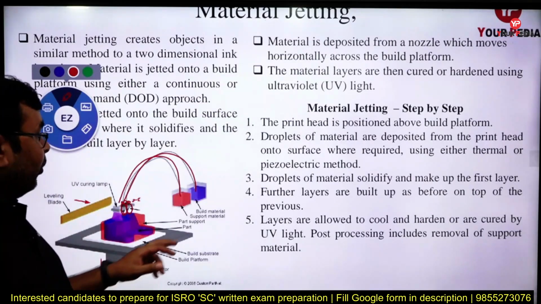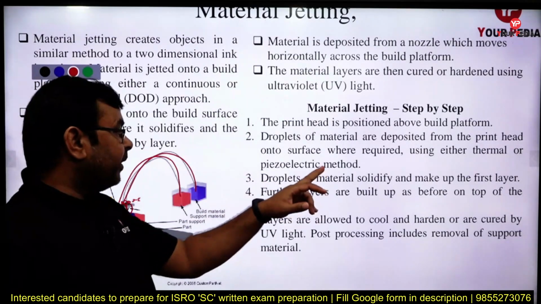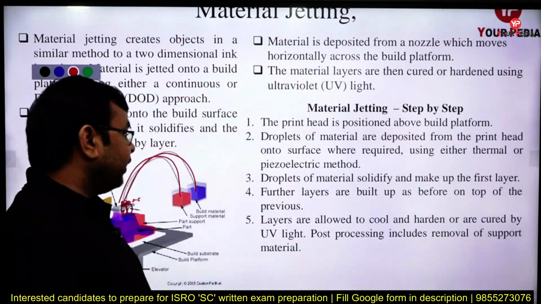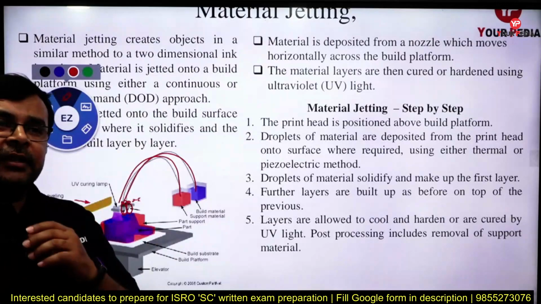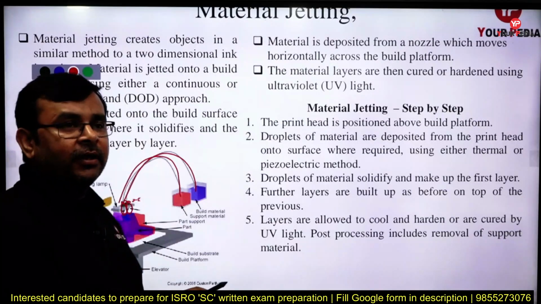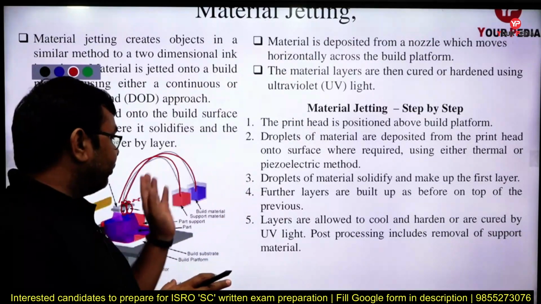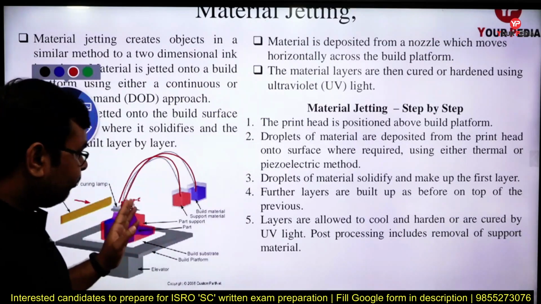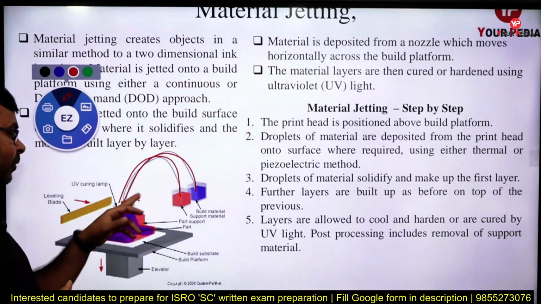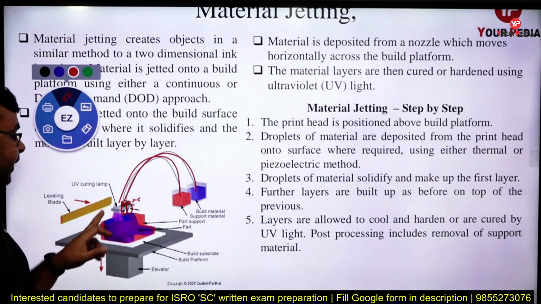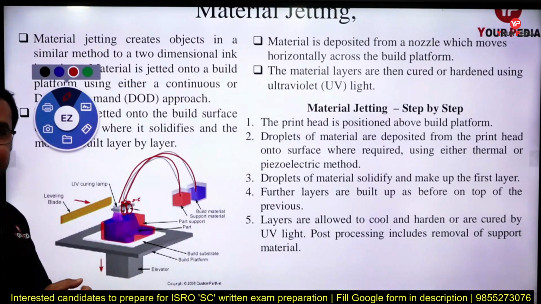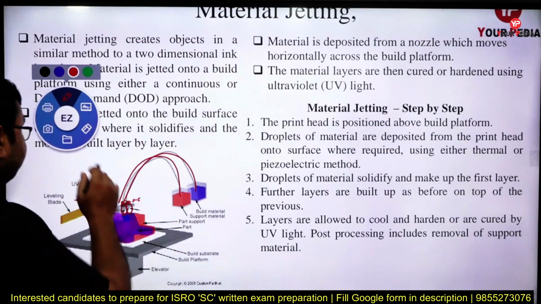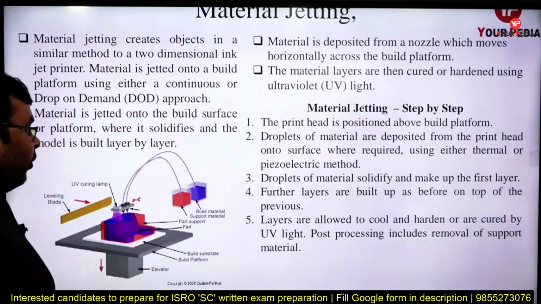Okay, after that droplets of the material solidify and make up the first layer, and further layers are built up as before on top of the previous. So this process is very much similar to the previous one, except in this we provide the build material in this form, correct, through these nozzles which work on the principle of an inkjet printer, yes or no. Okay.